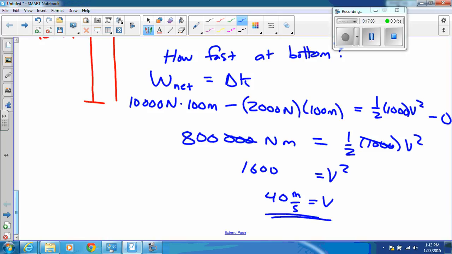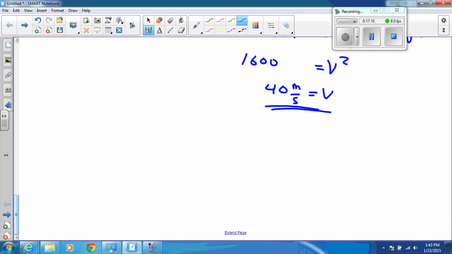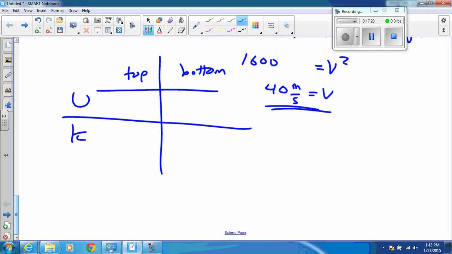The second way that I could think about it, which is exactly mathematically equivalent, the same thing but spoken a little bit differently, is to use the idea of the chart and do U and K at the top and at the bottom.